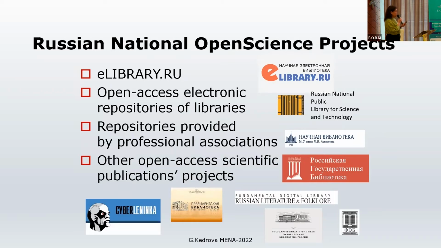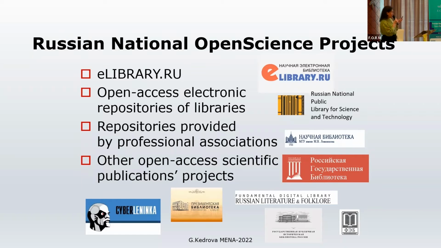Russian national open science projects. The first one is e-library. Then open access electronic repositories of libraries, for example, the Russian National Public Library for Science and Technology, open source. You may use any item in its repository.